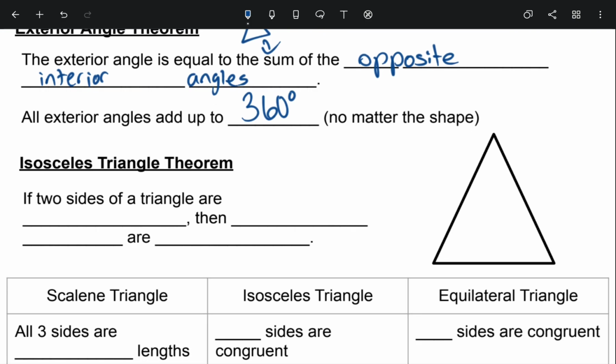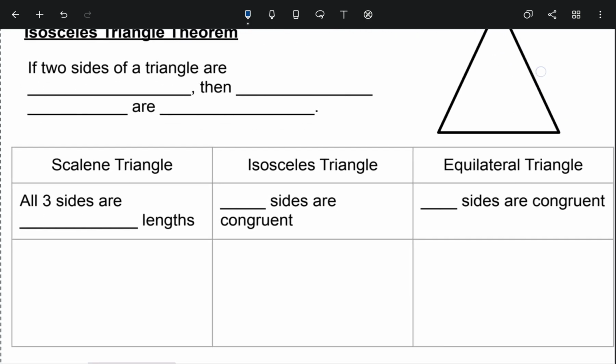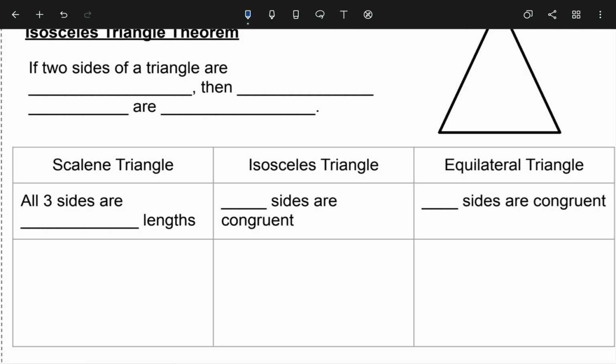Let's look at the isosceles triangle theorem. Actually, before we do that, we're going to look at the different types of triangles. The first type of triangle is a scalene triangle, where all sides are different lengths. Like in this example I just drew here, all three sides are different lengths.